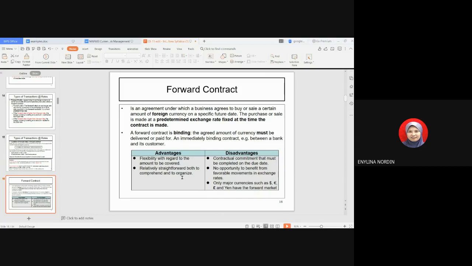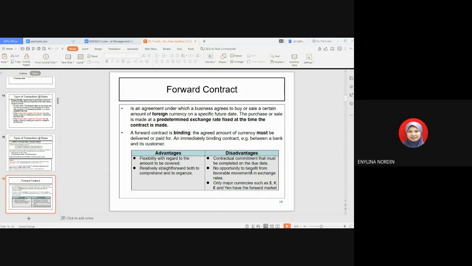Disadvantages of this forward contract. It's a contractual commitment that must be completed on the due date. If you do not execute the contract within the period specified for this particular contract.